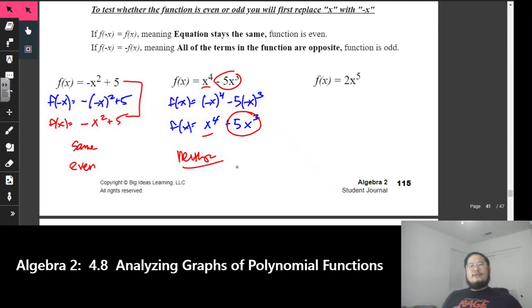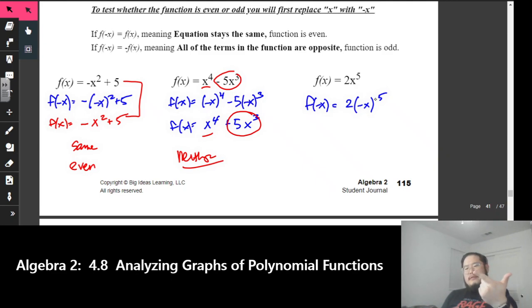And let's go ahead and go to the third one. We have f of negative x right here. We got 2 times negative x to the fifth power. All right, so let's see what we have here. Negative to the odd power. Well, if you need to go through it, let's go through it one by one.